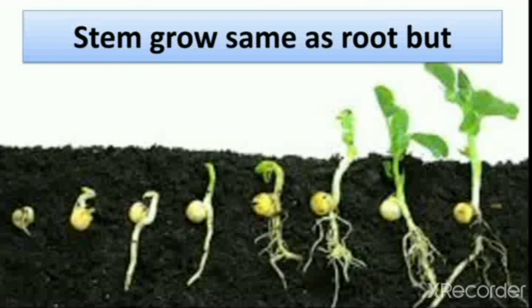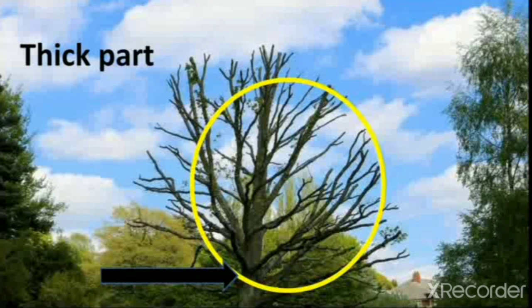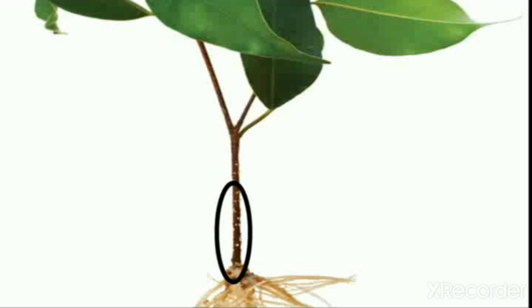You can see both pictures here. Then we learned how the stem looks. The thick part of the plant is the stem, which spreads all over the plant. The stem starts growing from the soil and is connected with every part of the plant.